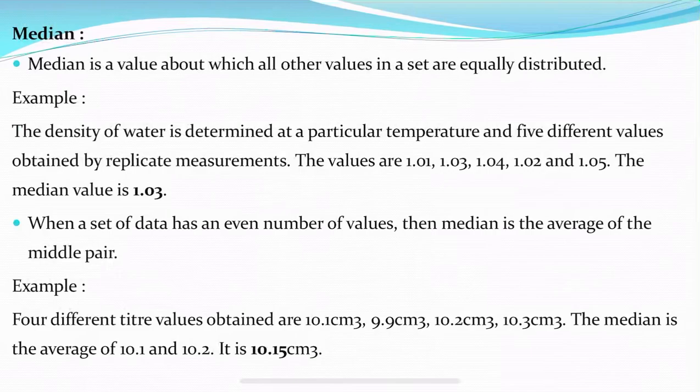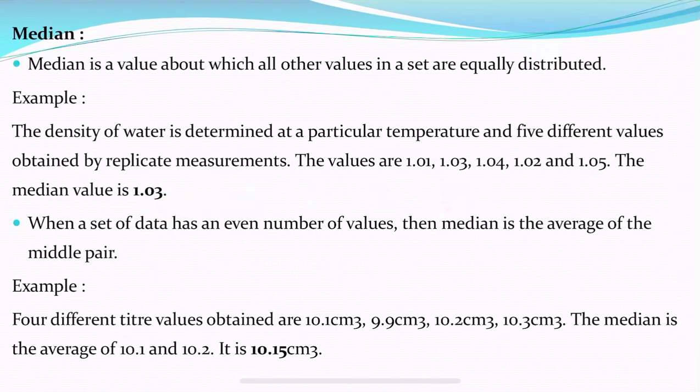The density of water is determined at a particular temperature and 5 different values are obtained by replicate measurements. What are those 5 different values? The values are 1.01, 1.03, 1.04, 1.02 and 1.05. Then the median value is 1.03. Why 1.03?